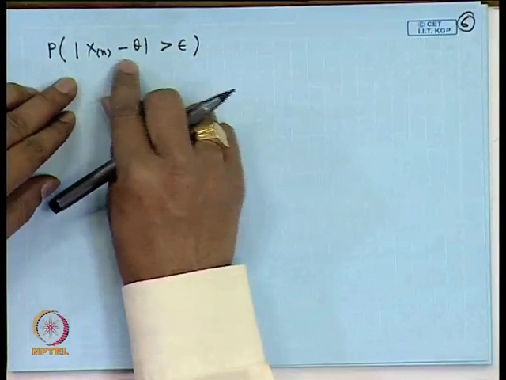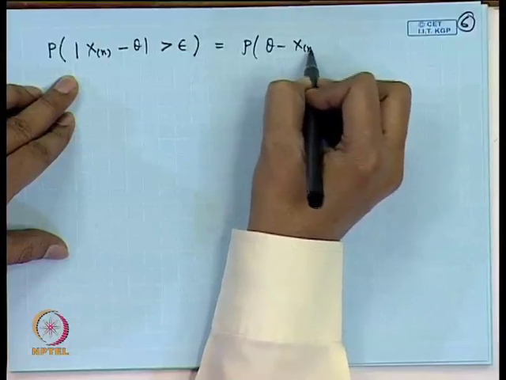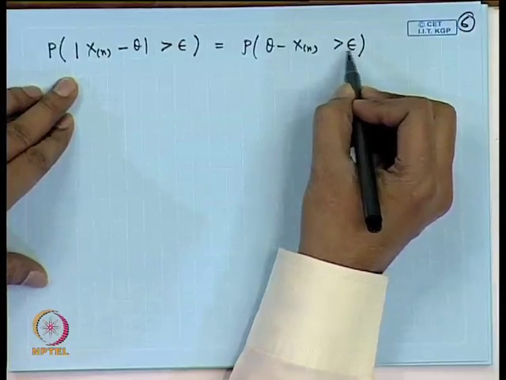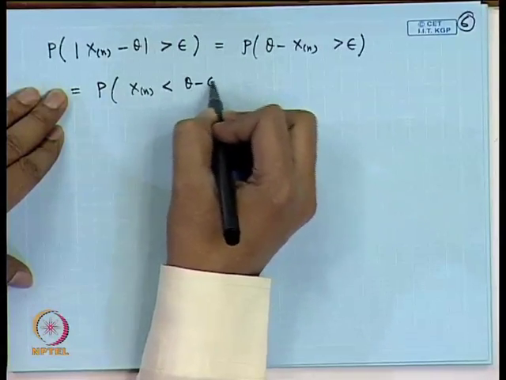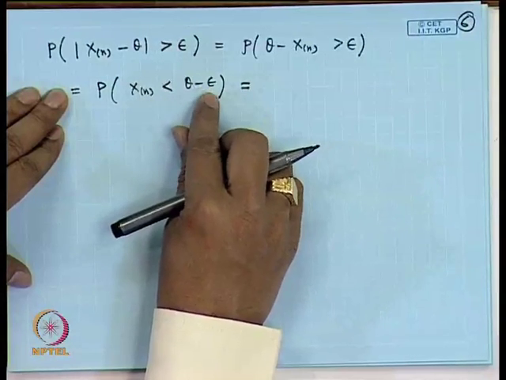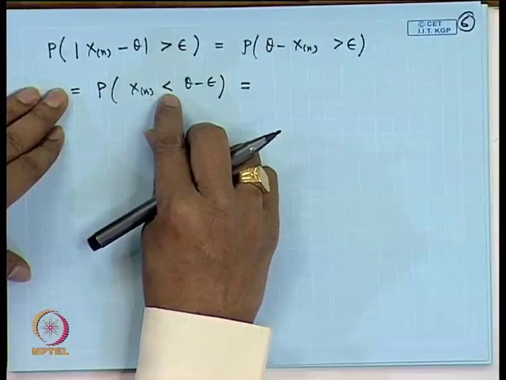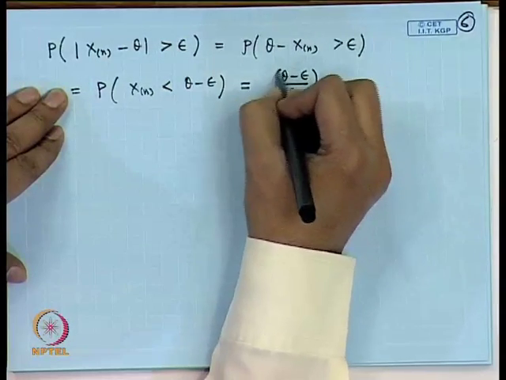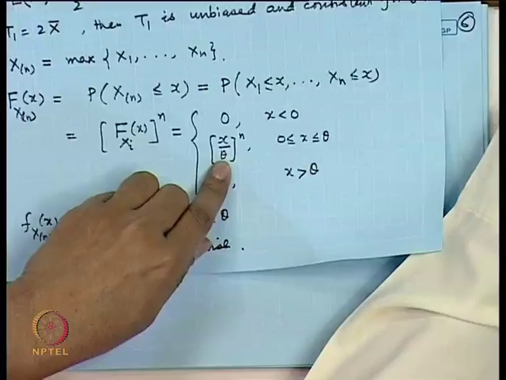So, this modulus of x n minus theta is same as theta minus x n. So, this is equivalent to probability of theta minus x n greater than epsilon, which I can write as probability of x n less than theta minus epsilon. Now, this is nothing but the distribution function of x n at the point theta minus epsilon. Since x n is having a continuous distribution, whether we put less than or equal to, it does not make a difference. Therefore, this value is equal to theta minus epsilon by theta to the power n, as we have derived just in the previous sheet here.